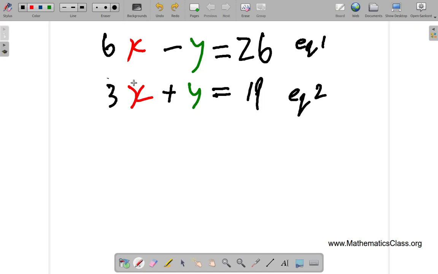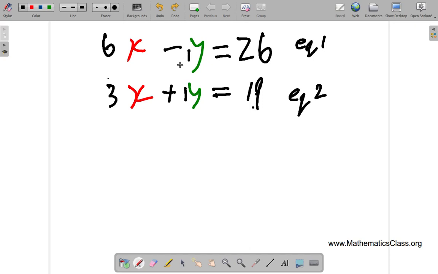If we have the same number of x's, then they would work out to eliminate x. If we have the same number of y's, then it would work out to eliminate y. Oh, guess what? This is a 1y, and this is a 1y. So we are going to be able to eliminate it very quickly without having to multiply to create a new equation. But let's see.